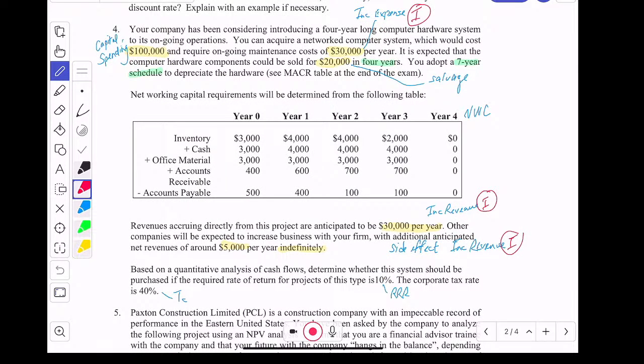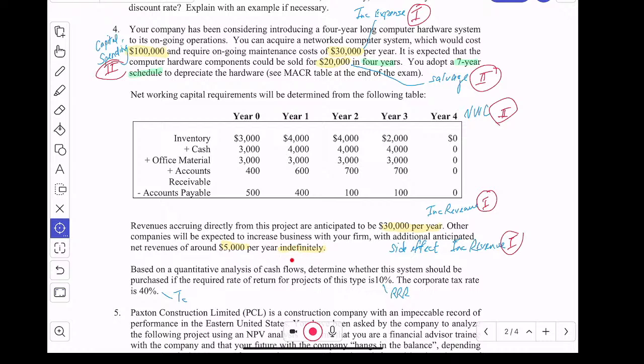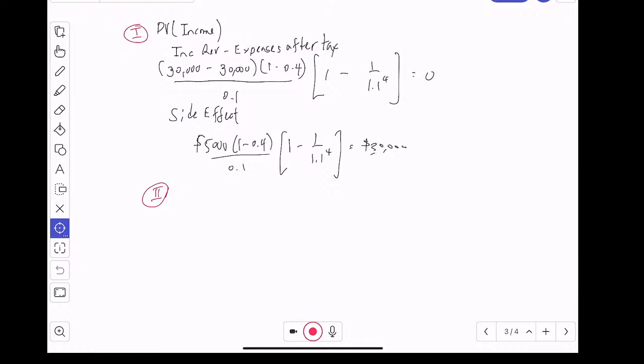We have to include the capital spending, the effect of the salvage, net working capital, and what else? Oh, this is wrong here. I did this wrong. This is indefinitely. I just remembered. I have to fix that. It's not an annuity. It's forever. So this is not 30,000. It's forever. So it's like that. Sorry.